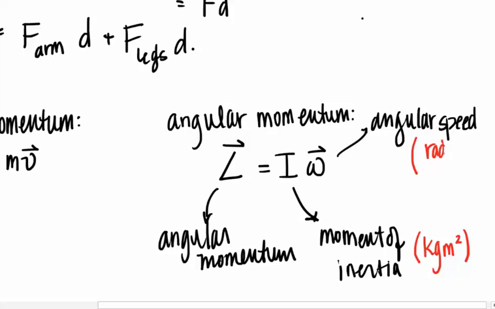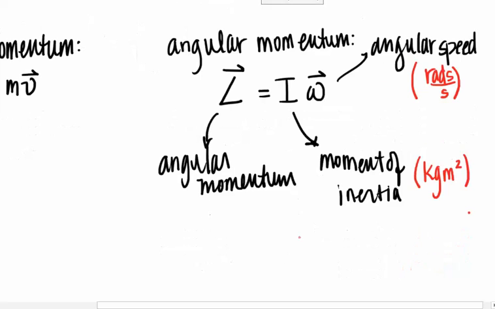Radians per second. And remember, radian isn't even really a unit. It's just a make-us-feel-better type thing. So angular momentum would be what? We usually drop the radians at this point because it's not really a unit anyway.